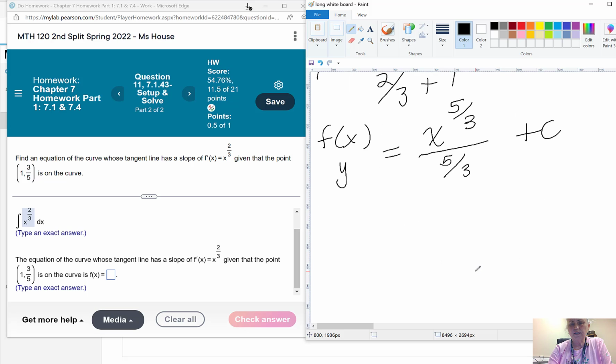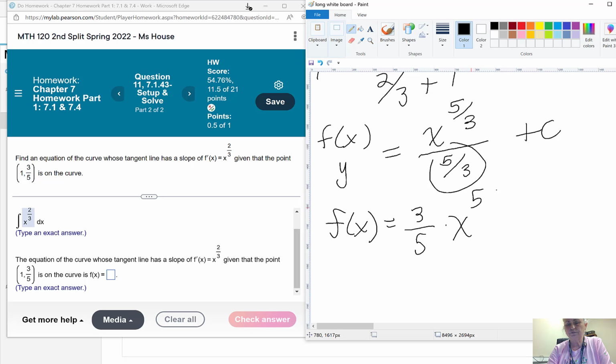We don't want to leave this with this 5/3. We want to write it as f of x or y. Original function, in other words, original function is 3/5, because when you divide by a fraction, you multiply by the reciprocal, x to the 5/3 plus c. And so now you're saying, well, how do we find the c?